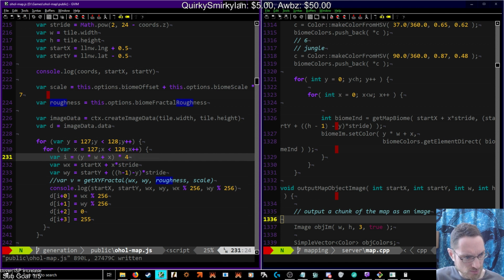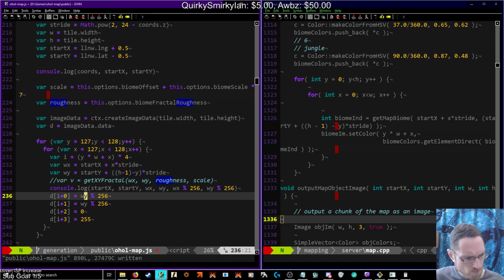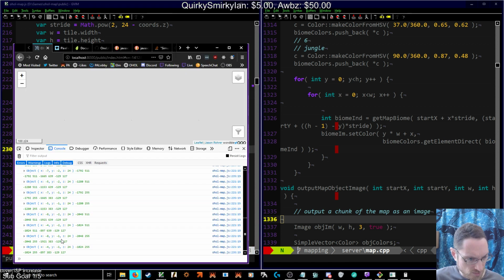Wait. No, yeah, y times width. Height, width.